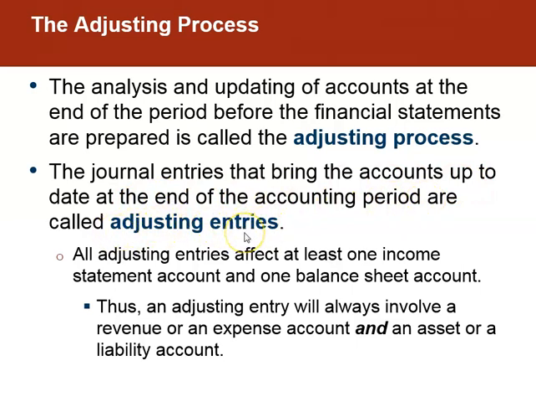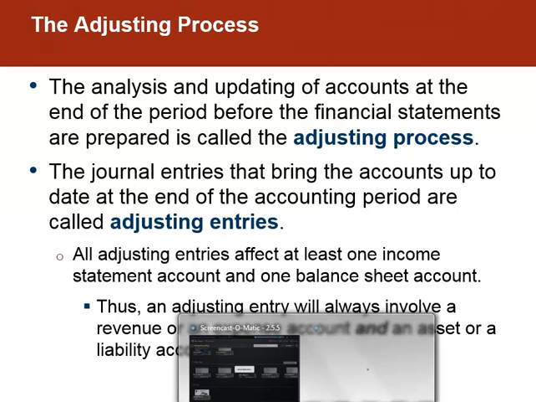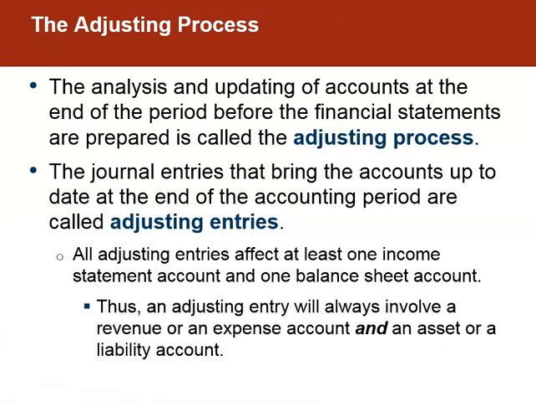Okay, so we would have regular journal entries, which will be the vast majority of the entries that we're going to be looking at, but we'll also have some adjusting entries. A huge adjusting entry for almost every business is adjusting entries with regard to wages payable and wages expense.